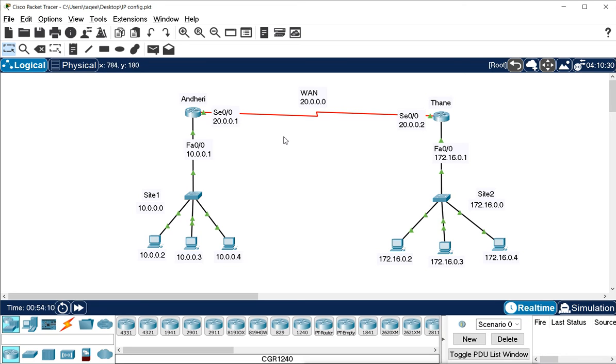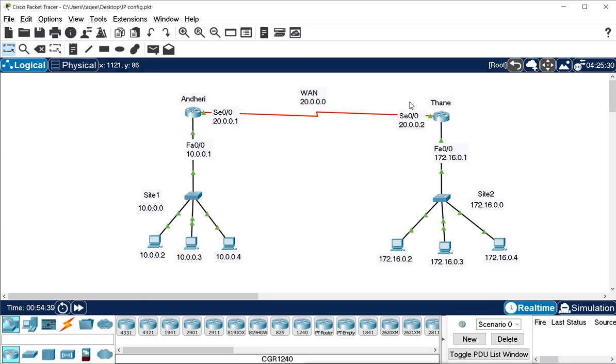And if I want to reach this network, my next hop, my forwarding address, will always be the IP address of this interface, because when I try to go here, I will go out from this serial 0/0, and I will get into this router at serial 0/0 with this IP address. So when I try to enter this router Thane, I will enter from this interface and I will get this IP address.